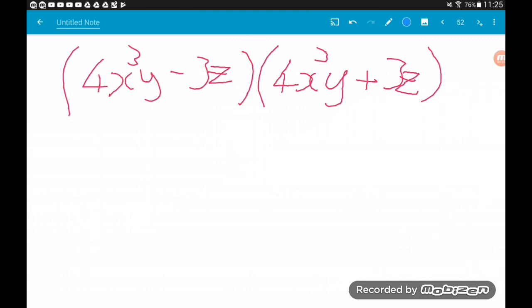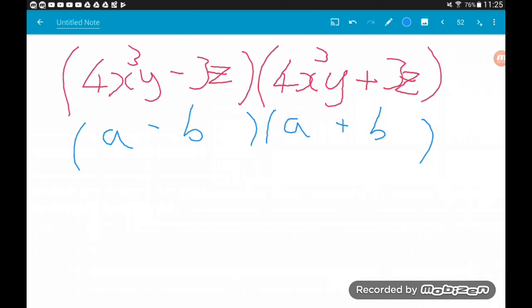If we said 4x cubed y was a, then we've got an a there and an a there. Then, if we said 3z was b, we've got minus b there, plus b there. So, it's indeed a difference of 2 squares.